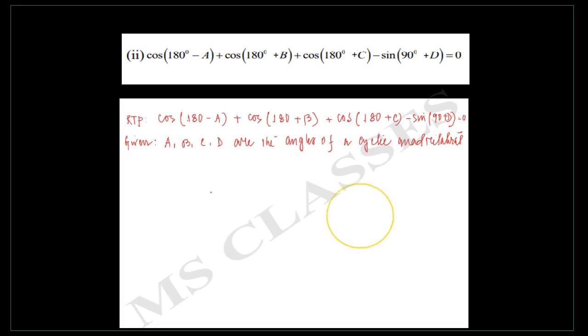See, we have a circle here, and we have a quadrilateral here. Now here A, B, C, D. We know in a cyclic quadrilateral, angle BAD plus angle DCB equal to 180.